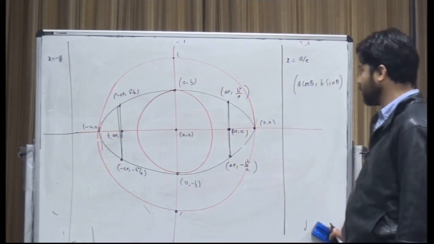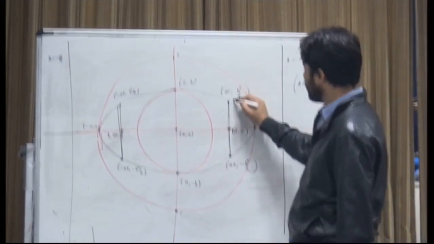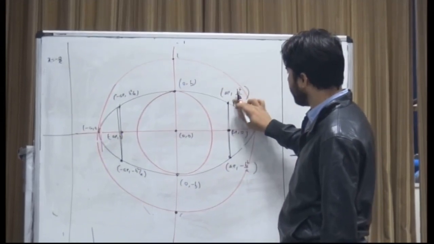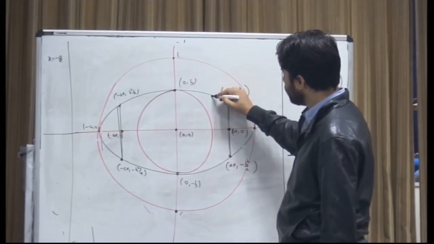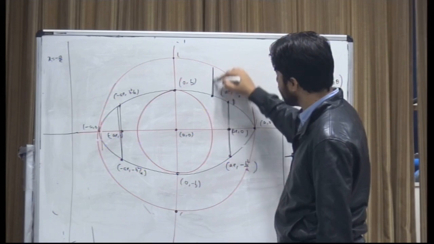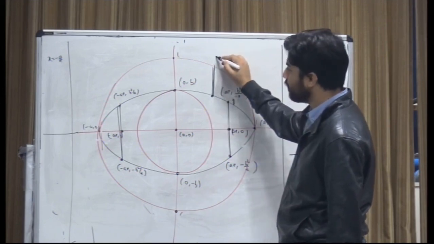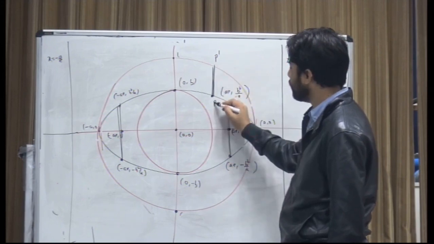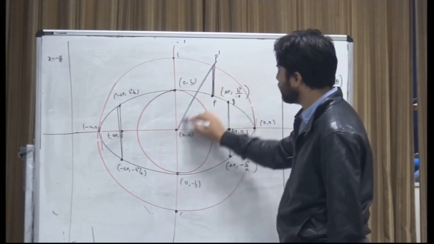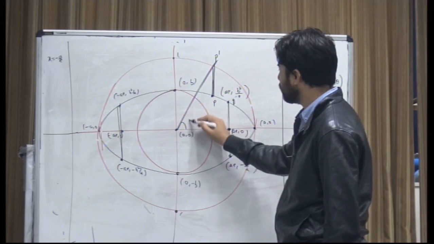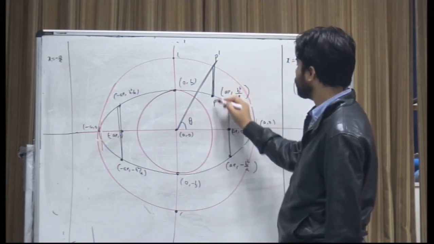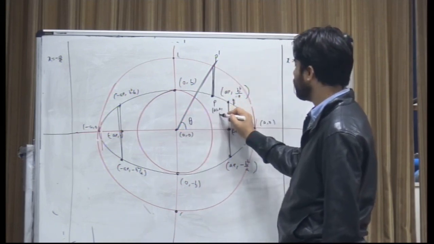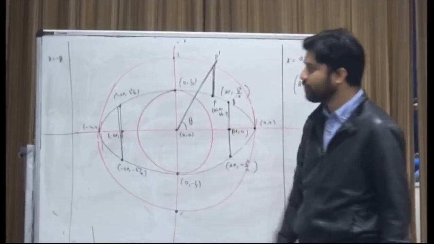Okay. And ये अगर P पॉइंट है, ये अगर कोई पॉइंट है P, तो ये क्या होता है? P dash, ये P. So this angle is called theta, and P is called a cos theta comma b sin theta.